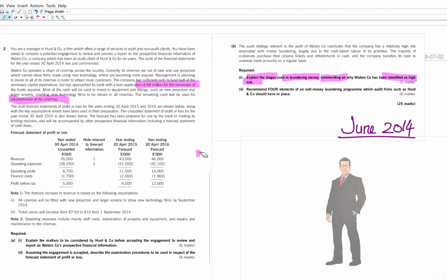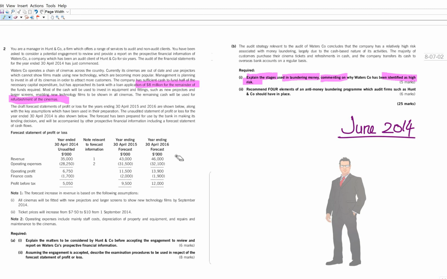Okay, so the draft forecast statement of profit or loss for the years ending 30th April 2015 and 2016 are shown below, along with the key assumptions used in their preparation. The unaudited statement of profit or loss for the year ended 30th April 2014 is also shown. The forecast has been prepared for use by the bank in making its lending decision and will be accompanied by other prospective financial information, including a forecast statement of cash flows.